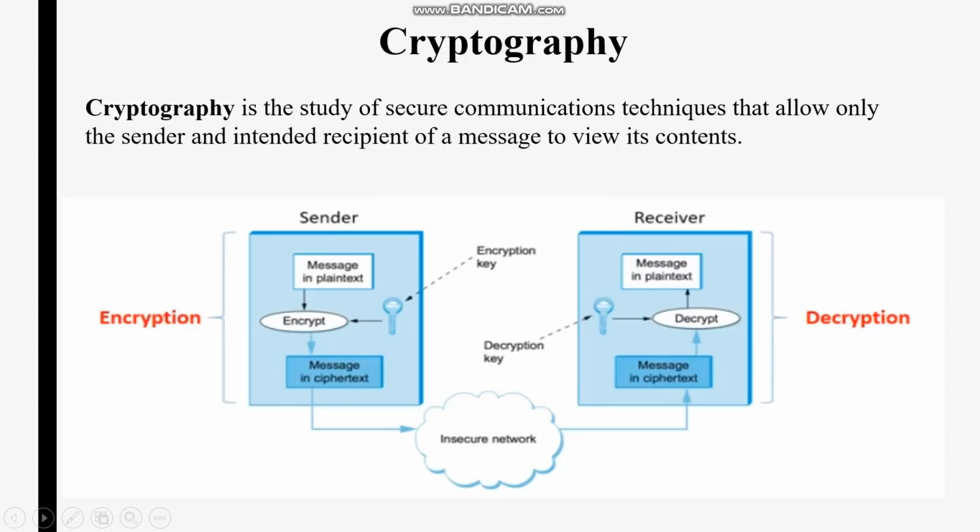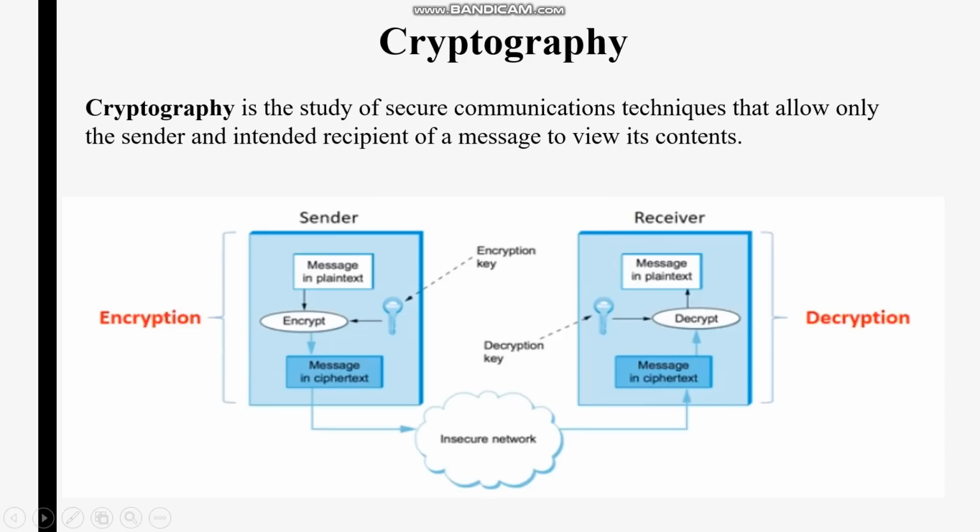So encryption is performed on the sender side, and decryption is performed on the receiver side. For performing encryption and decryption, the sender and receiver use keys called an encryption key and a decryption key. The sender uses an encryption key to encrypt the plain text to ciphertext. Similarly, the receiver uses a decryption key while restoring the plain text from the given ciphertext.